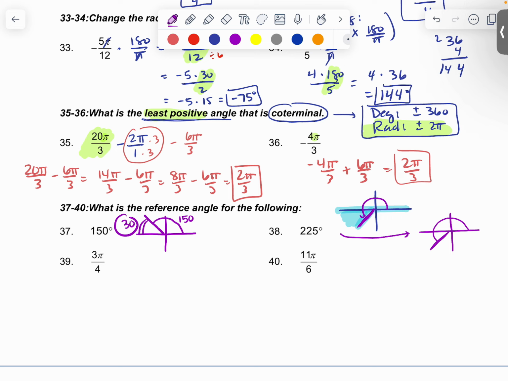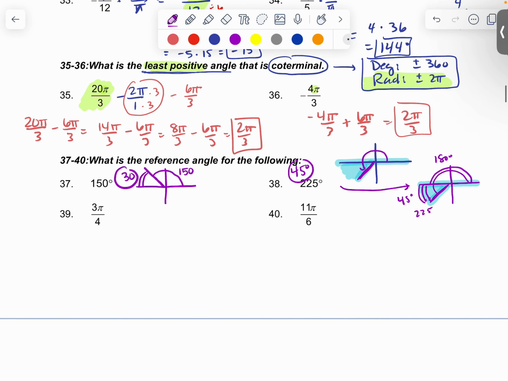Remember, the reference angle is formed by the terminal side and the x-axis, but you want to pick the smaller angle. If this is 180 degrees, how much more do I need to go to get to 225? I need to go 45 degrees more. So the reference angle for this is 45 degrees.